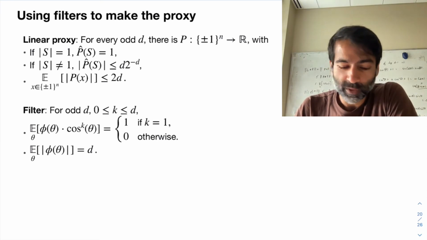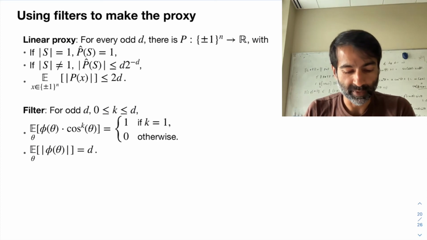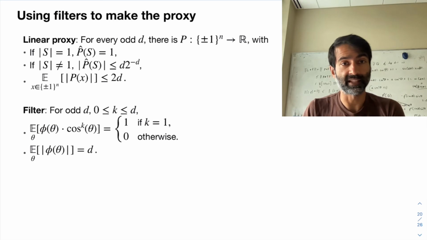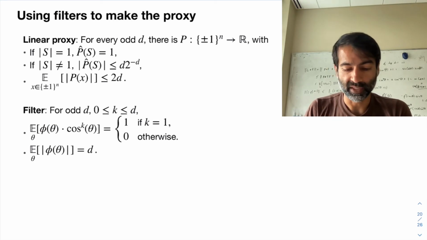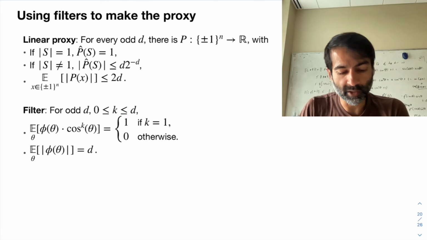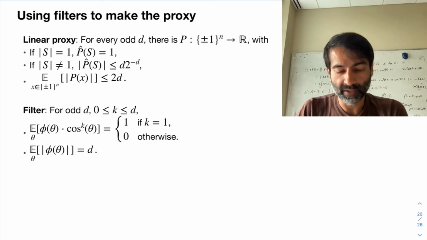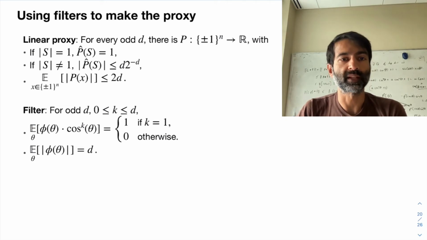But what we're going to do ultimately is make a distribution on numbers theta and a function phi of theta with the property that for k between 0 and d, the inner product of phi with cosine to the k theta is 1 if k is equal to 1 and 0 otherwise.